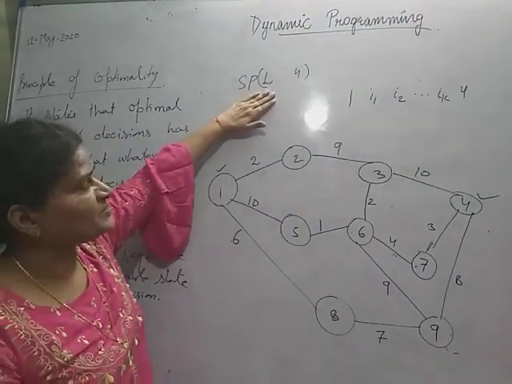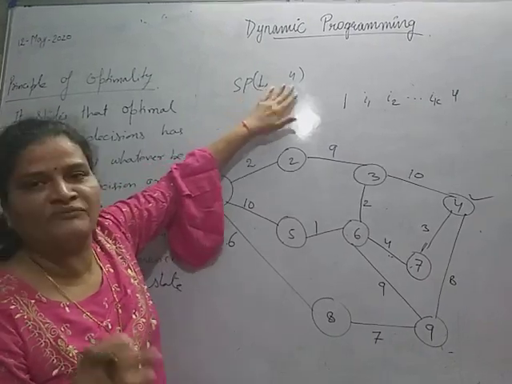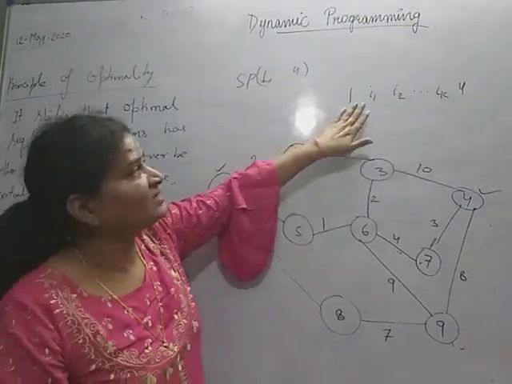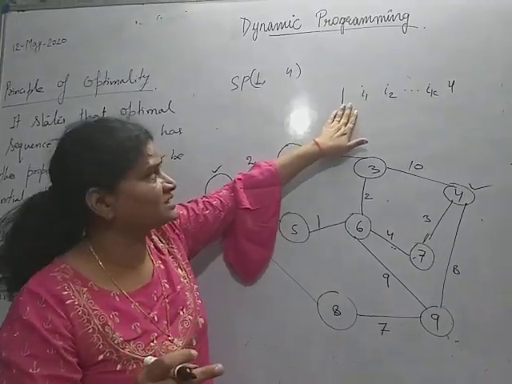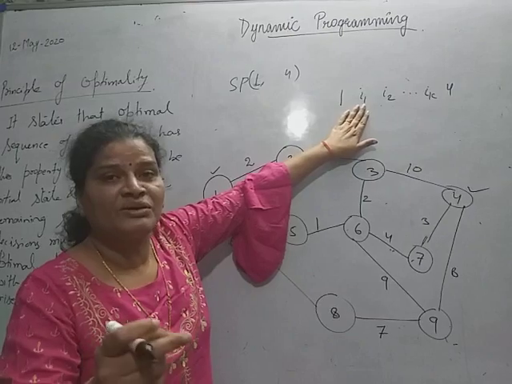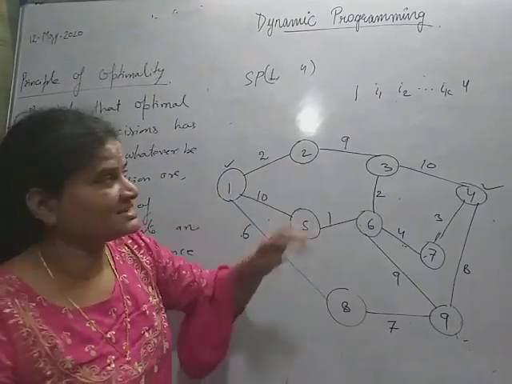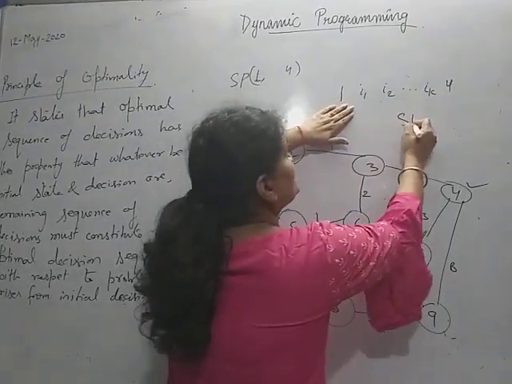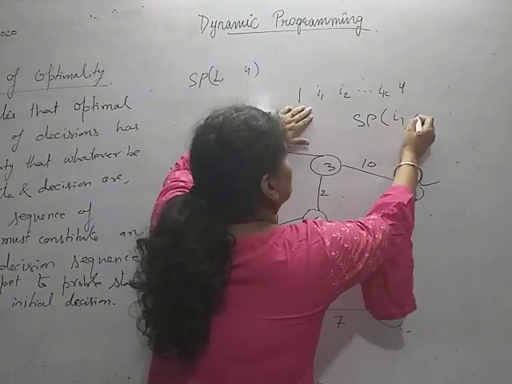So at present my problem state is to find the shortest path from 1 to 4. But after taking the decision to select the next vertex, going from the start vertex 1 to the vertex I1, the problem state changes. With respect to the first decision, the problem state will now be to find the shortest path from I1 to 4.